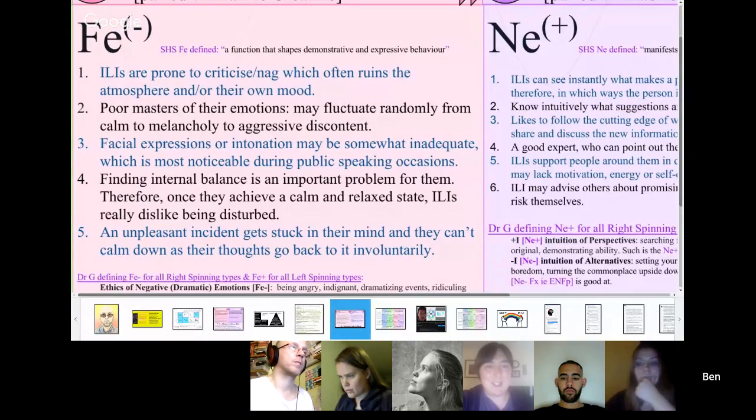That's what I wanted to get at when you said static types can switch easier, because I'm an LII, which is a static type, but I don't switch quickly and easily. I can stay in a state for a long time. Like if somebody is angry or rude at me, sometimes it takes me a couple of hours before I can reach my equilibrium again.